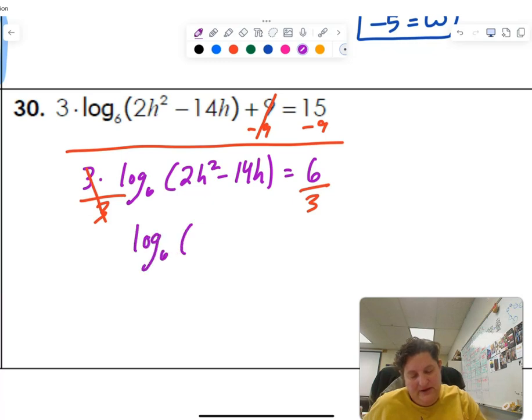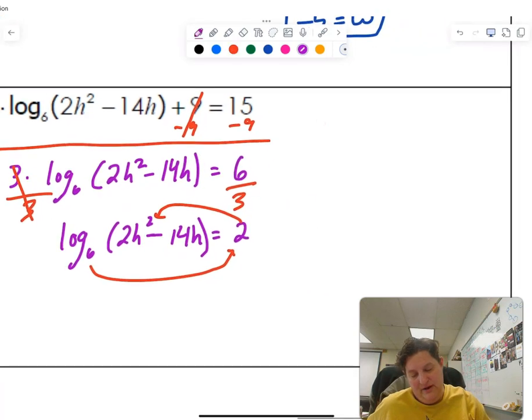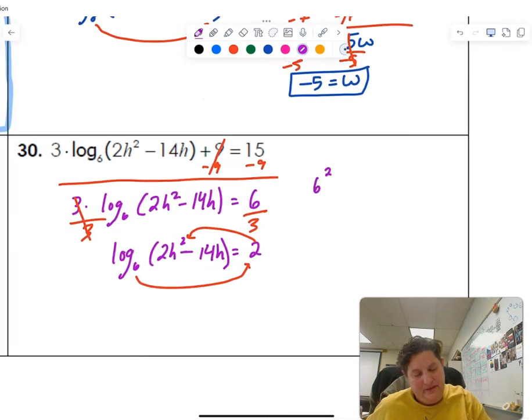So log base 6 of 2h squared minus 14h equals 2. And then I go boom, boom. So I get 6 to the 2nd equals, oh, sorry, what am I doing? Log is gone. Once I turn it into exponential form, it's 6 to the 2nd equals 2h squared minus 14h.